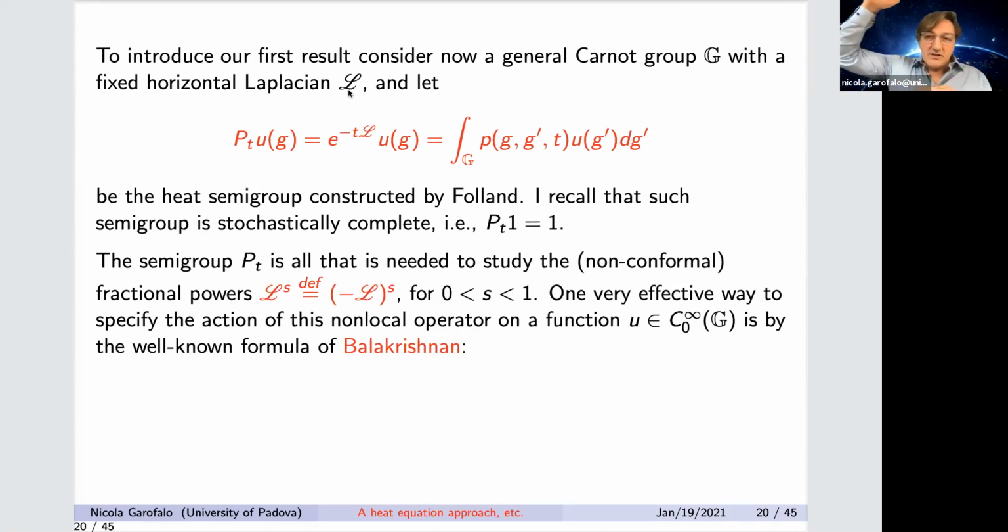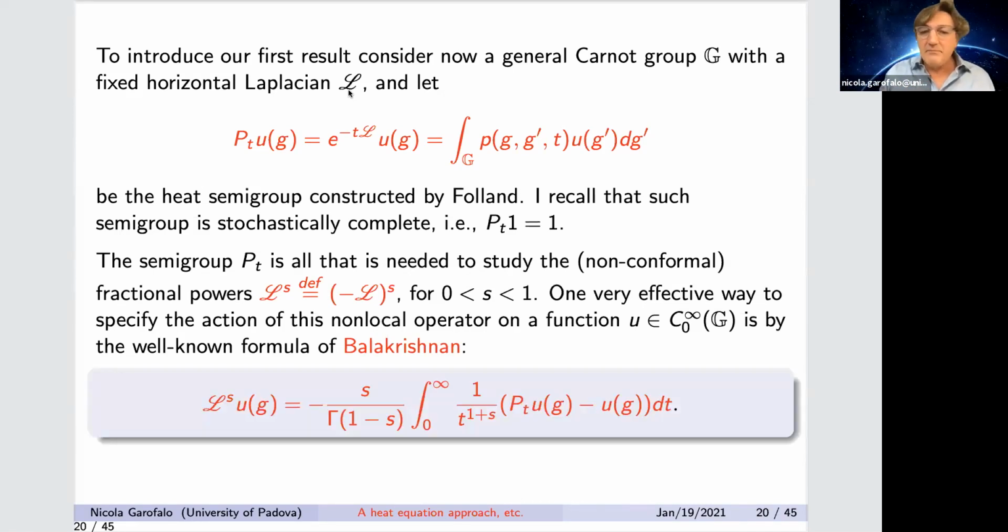So we are missing lots of directions, but there are commutators that will help us. I will not go into any detail now, and simply tell you that the Balakrishnan formula again comes to help in defining these fractional powers. It's exactly what we do for the standard fractional Laplacian.